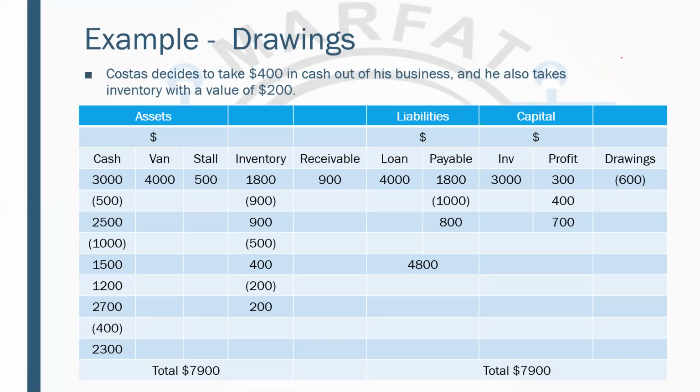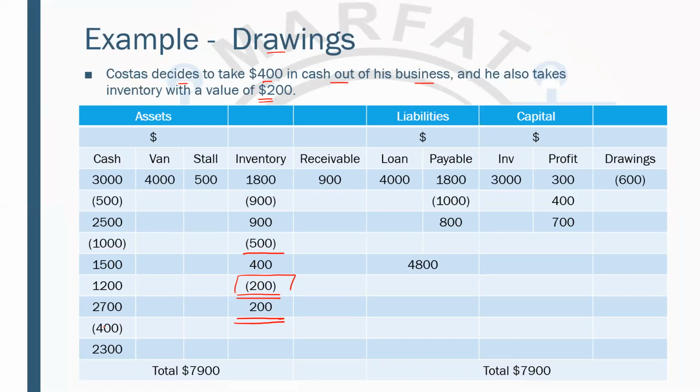Now you have an example, drawings. Costas decides to take 400 in cash out of his business. He also takes inventory with the value of 200. Do you remember we had inventory of 400? Now he takes 200 for his own use, so we are left with 200 inventory.